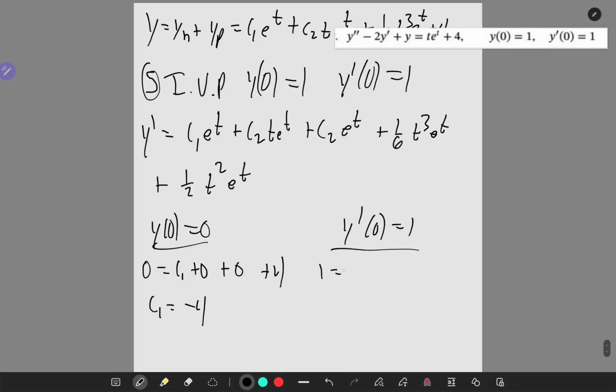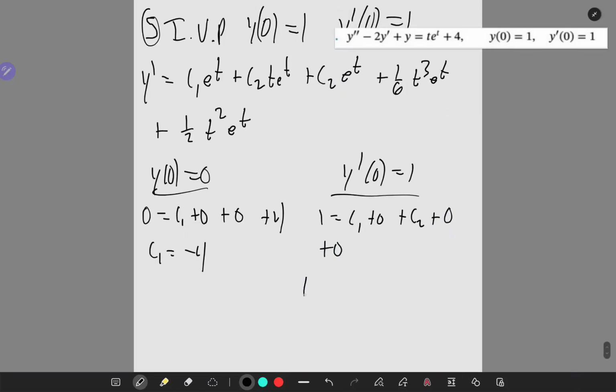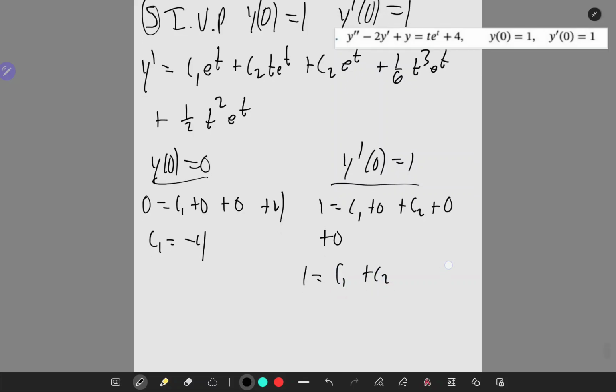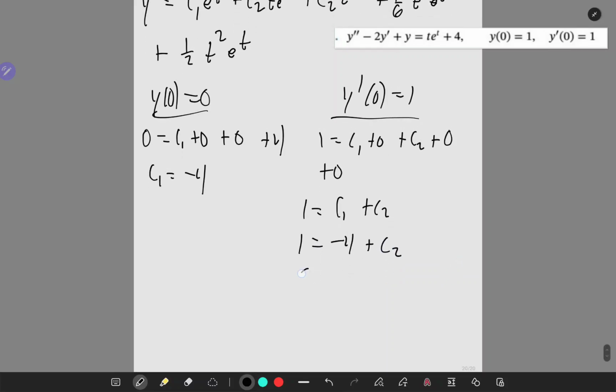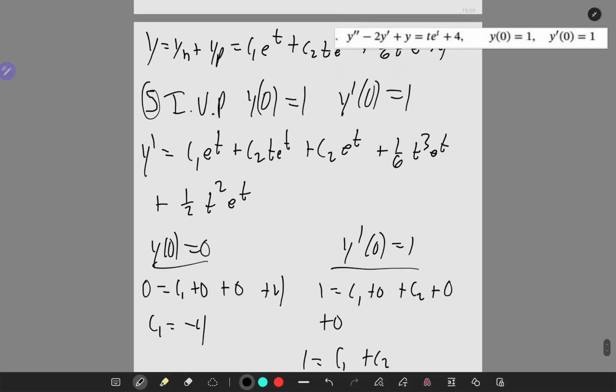We get 1 equals c1 plus 0 plus c2 plus 0 plus 0. 1 is equal to c1 plus c2. c1 is -4. 5 is equal to c2. That is not correct. Did I do something wrong? So that should be 3, not 4.